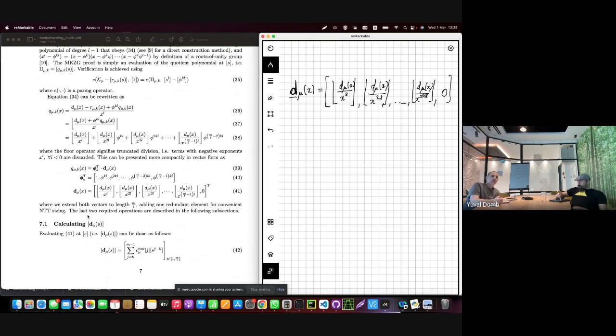And now, if I want to go back to equation 38, I need to multiply it with the following vector. I just need to multiply it with the powers of phi, KL to KL. So notice that I actually didn't really do that much. It's, I think, a little bit confusing, but not more than that.